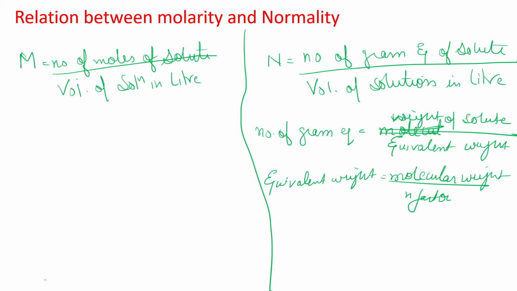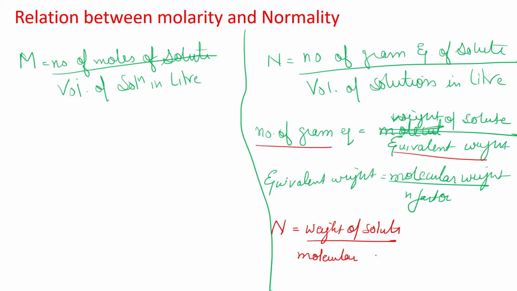So compiling all these formulas into one, what will you get? Normality is equal to number of gram equivalents, which is the weight of solute divided by equivalent weight. Equivalent weight is molecular weight divided by n factor, so n factor divided by n factor, multiplied by volume of solution in liter.